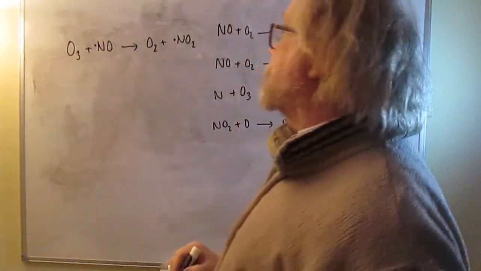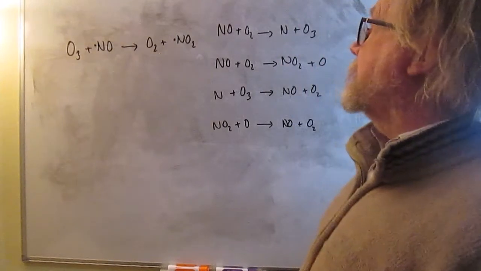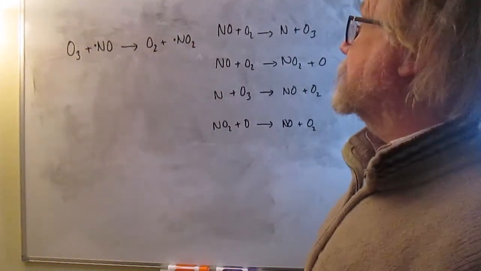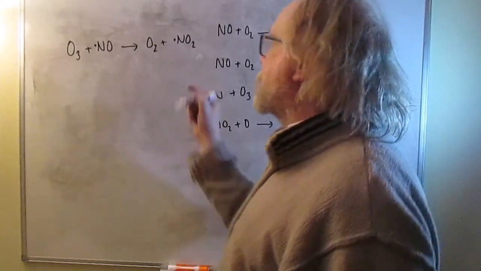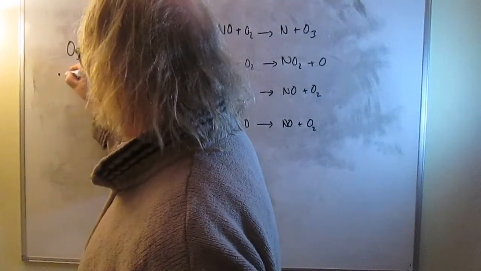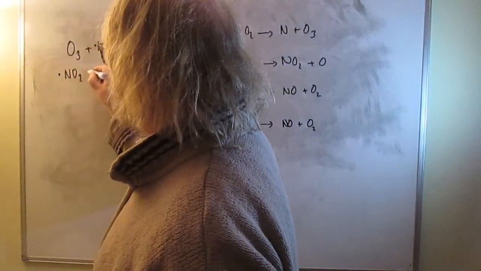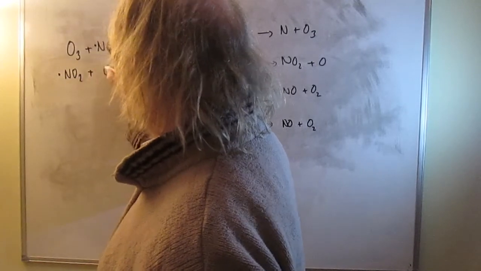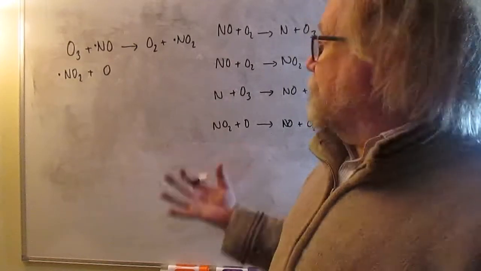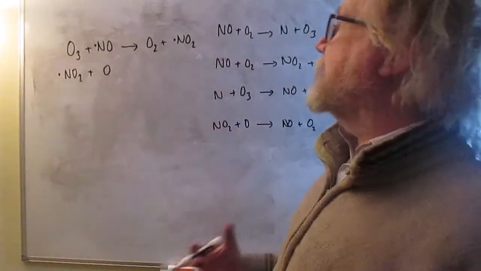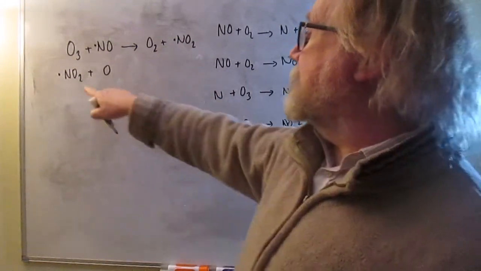and NO2 still has an unpaired electron on the nitrogen. And the second part of that propagation cycle is that the NO2 then goes on and reacts, and this is the bit you have to remember, this time with an oxygen atom, which you have lots of in the upper atmosphere, because UV is breaking down oxygen and ozone all the time.